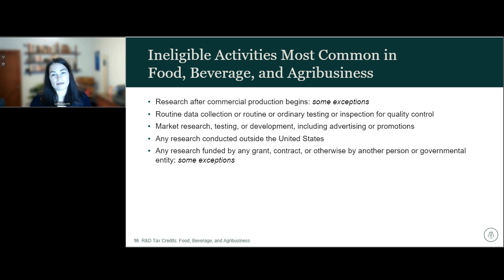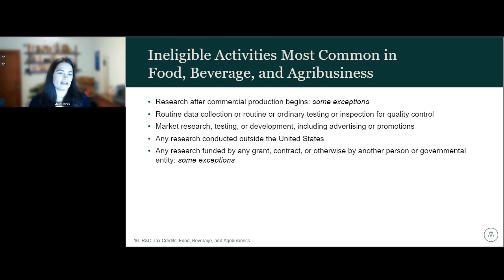However, there are some exceptions where you kind of have to get to commercial production to really confirm your product design or your process design is actually going to work for you, because you are operating at a commercial production scale. And so there can be some overlap there into commercial production, so just keep that in mind.